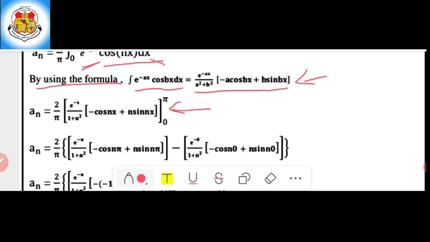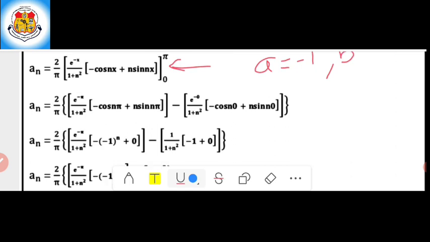By comparing the two integrals, we get the value of a as 1 and the value of b as n. So we get the integration. Next, by applying the limits, the upper limit is pi and the lower limit is 0.